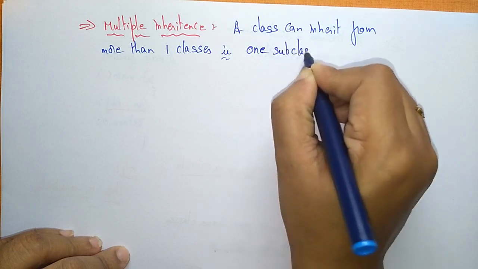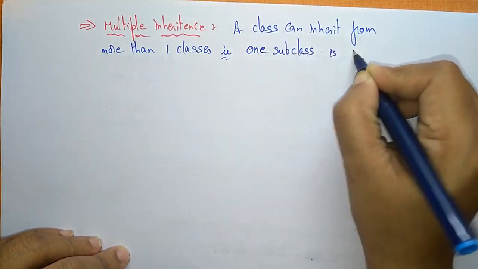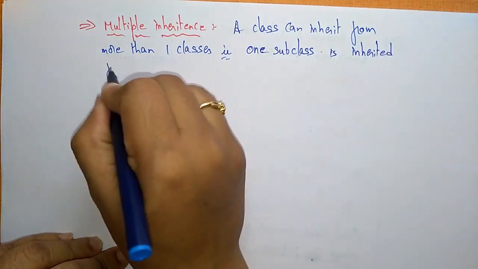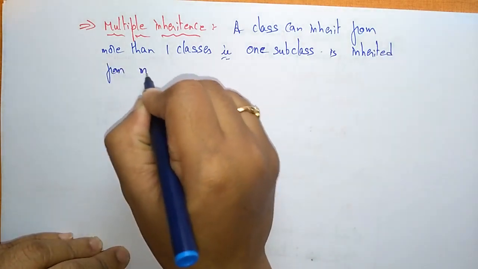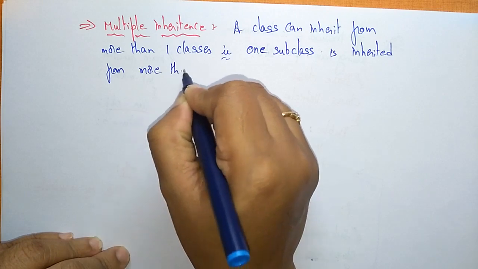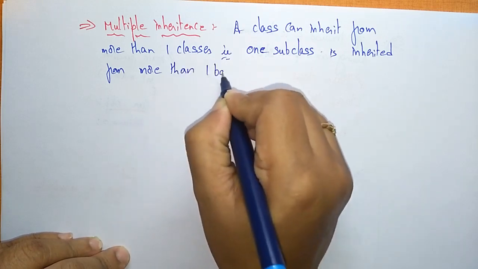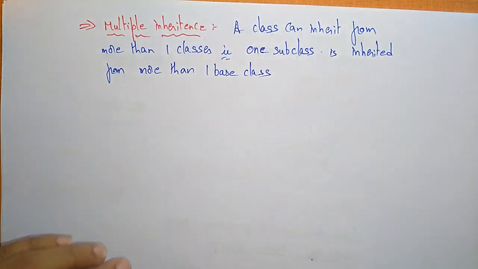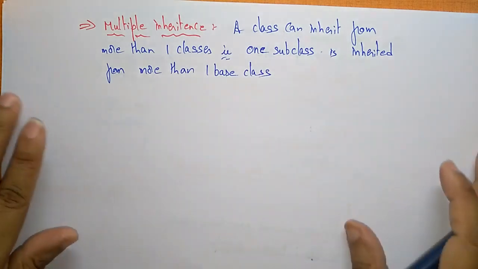Here only one subclass will be there, and it is inherited from more than one base class. So that is the multiple inheritance. In multiple inheritance, you have only one subclass and more than one base class.